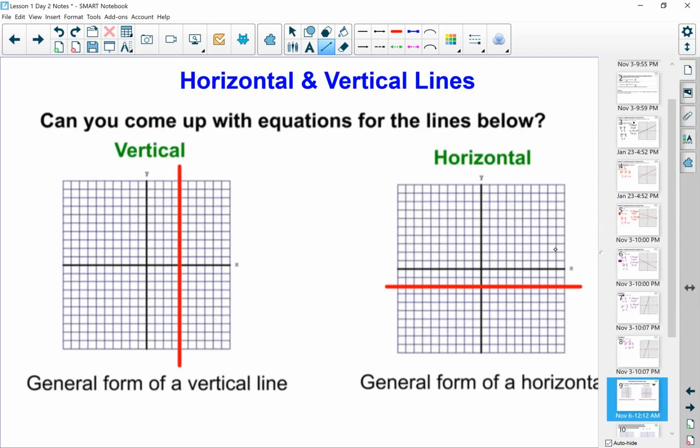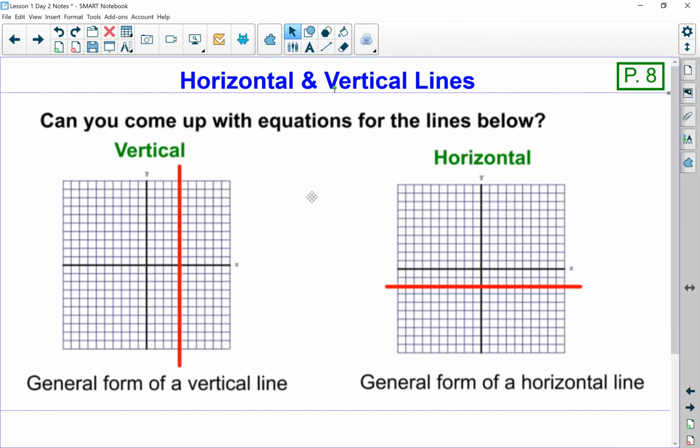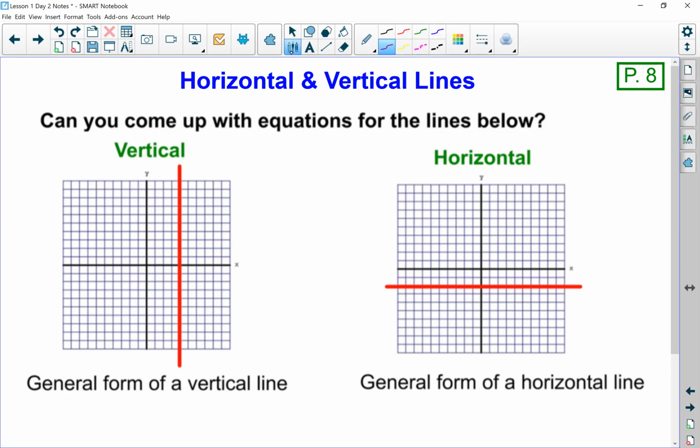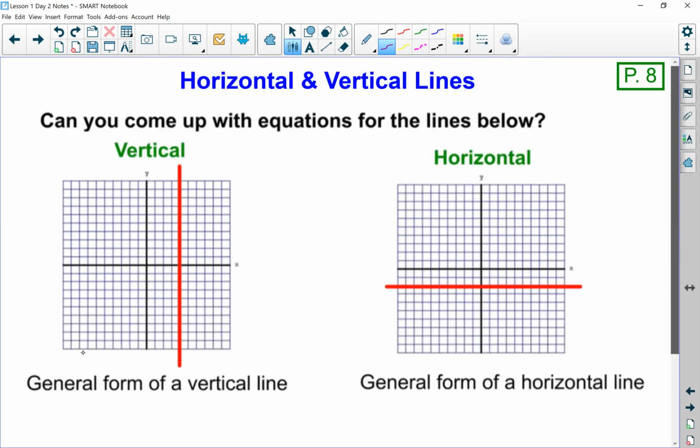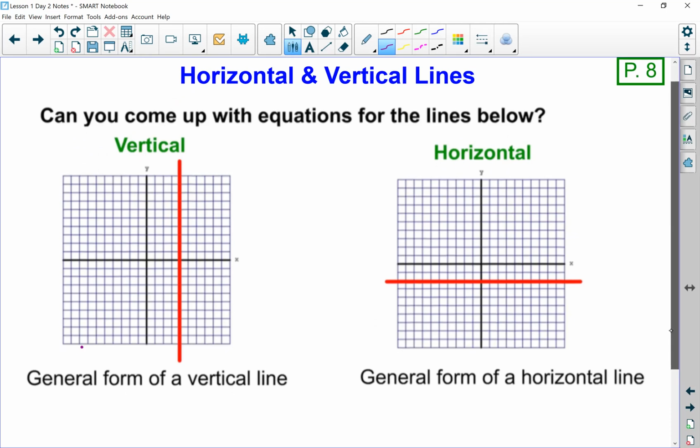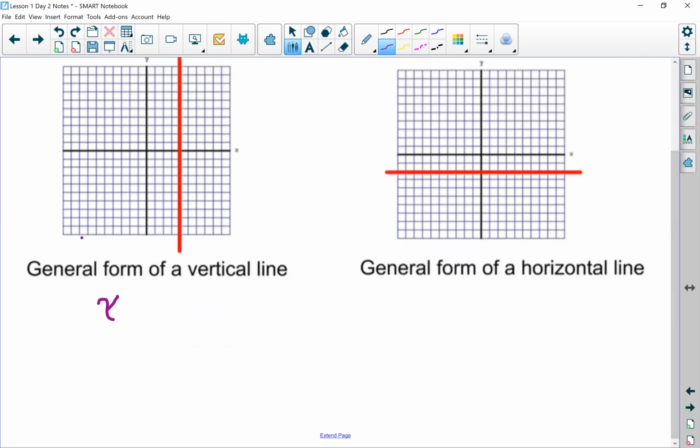All right. Vertical and horizontal lines. So the general form for a vertical line, because it never crosses the y-axis, is x equals whatever value it crosses the x-axis at.